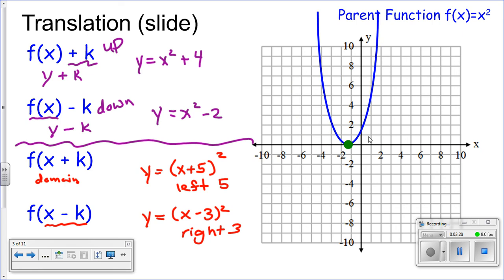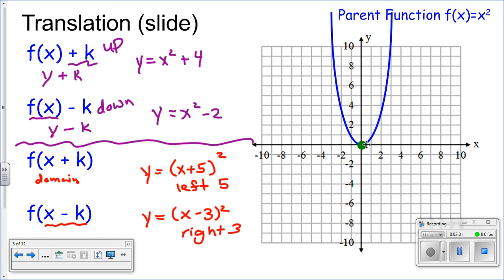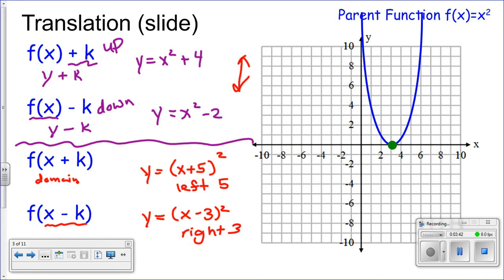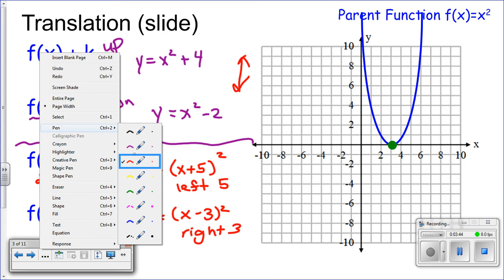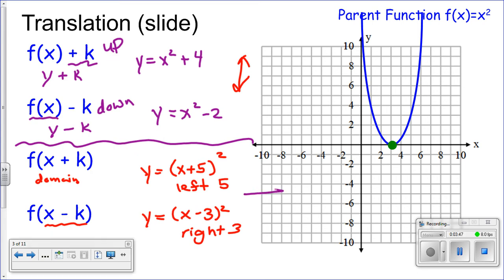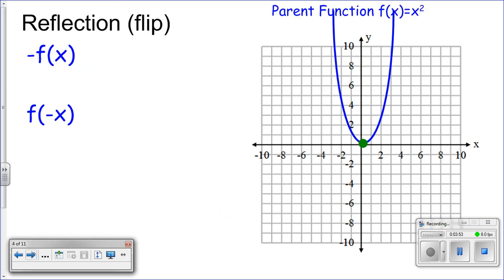So if I put this back to the original, this is actually going to shift it to the right 3. All right, so if we're adding or subtracting to our y values, this thing goes up or down. If you are adding or subtracting with our x values, it's going to go left or right. Now remember, the left or right is actually counterintuitive. Think of your roots. Think of what makes it 0.